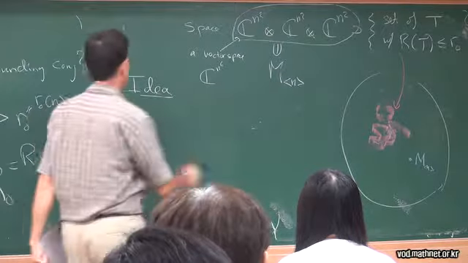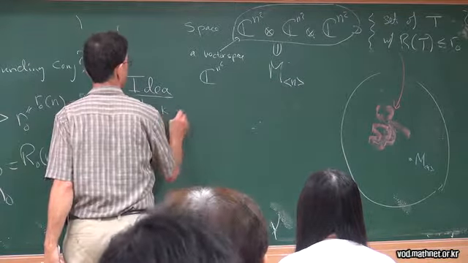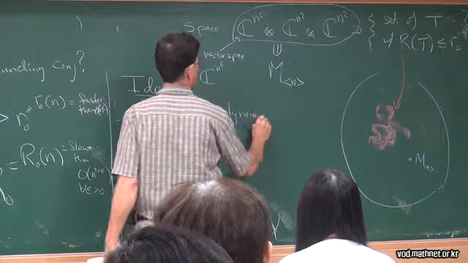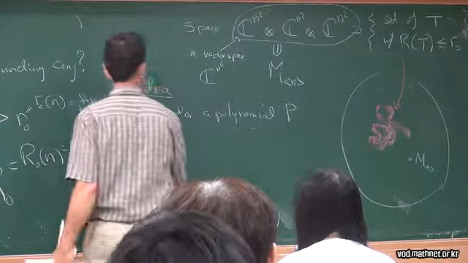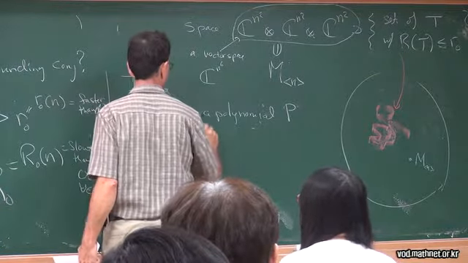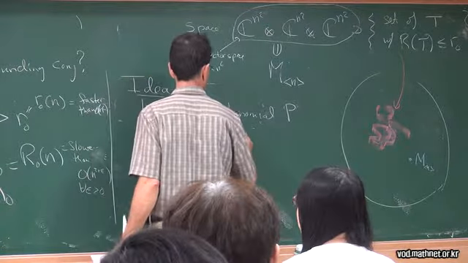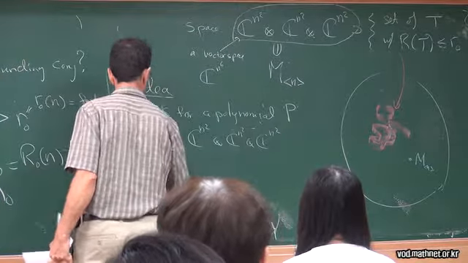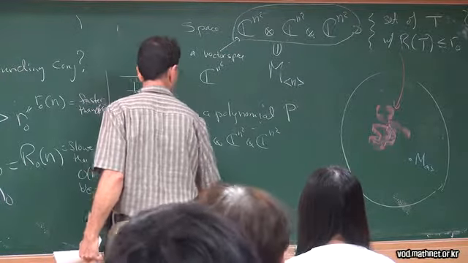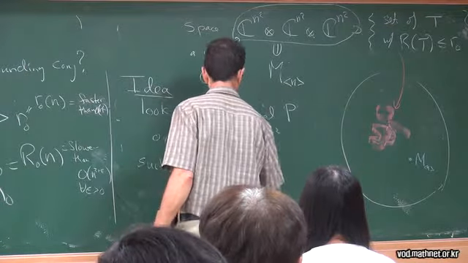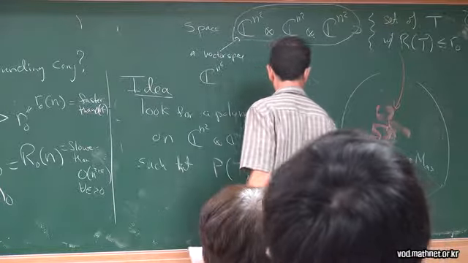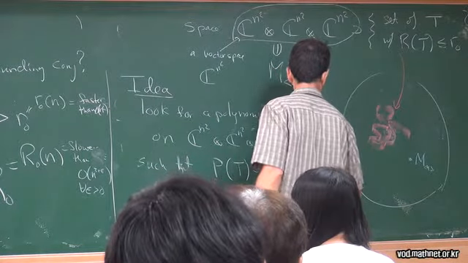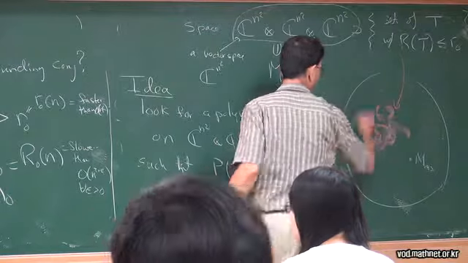And we could look for a polynomial P on this vector space such that P of T is equal to 0 for all T with rank of T less than or equal to R0, everything in here.